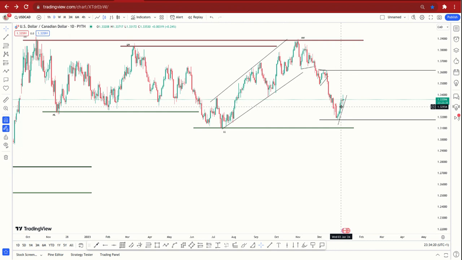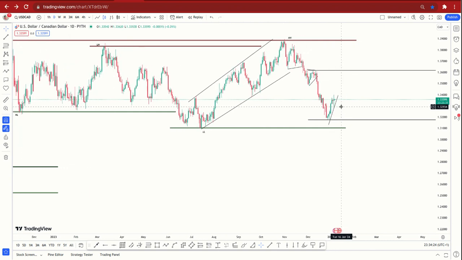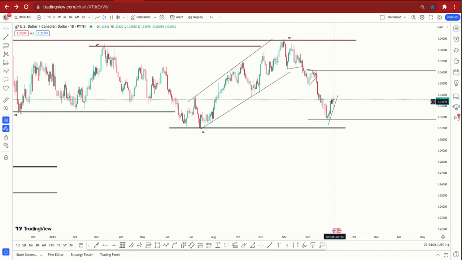So this is actually signifying that we may have a buy setup here, but I'm not rushing for it. Why? Because DXY has told me that it's actually going to sell. So if DXY is going to be selling, then I'm interested in looking for sell setups on USDCAD also.